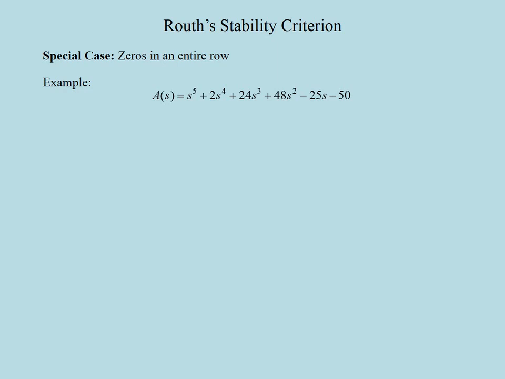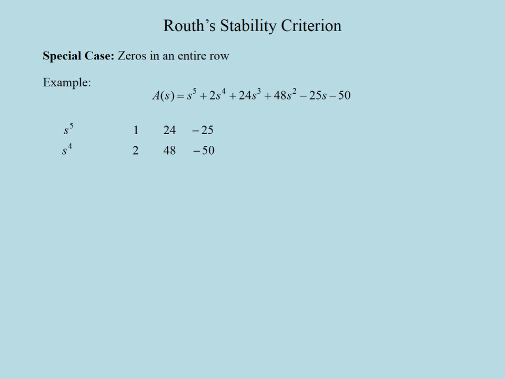Since there is a sign mismatch among the coefficients, we know that there must be poles on the right half plane. But again, the Routh array can tell us how many poles are there in the right half plane. The first row of the array is 1, 24, minus 25, and the second row is 2, 48, and minus 50.